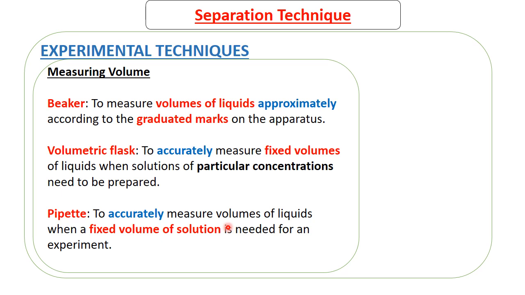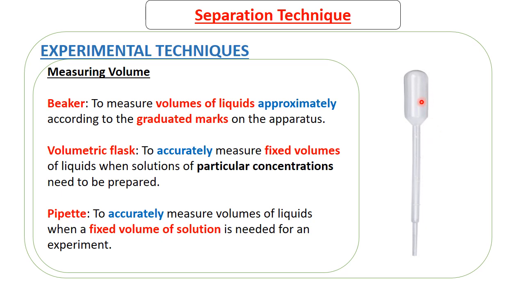Let me first explain how a pipette works, and maybe I show you how it looks. So this is how it looks. If you want to prepare a solution, which means a solvent and a solute have to be mixed, or maybe two miscible liquids, and you want to transfer one liquid from where it is to where you want to prepare the solution, because you have two things to mix, you use this pipette.